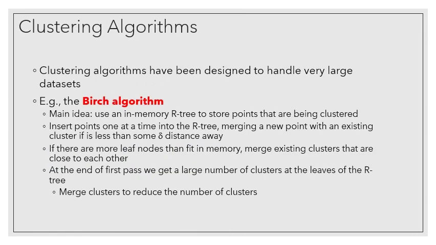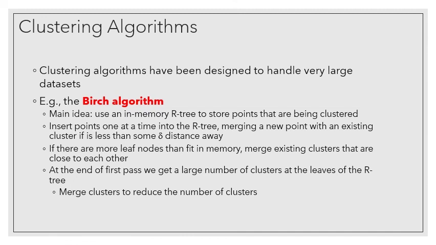Now let's see clustering algorithms. Clustering algorithms have been designed to handle very large data sets. For example, in the Birch algorithm, the main idea is to use an in-memory R tree to store points that are being clustered. Insert points one at a time into the R tree, merging a new point with an existing cluster if it is less than some delta distance away.